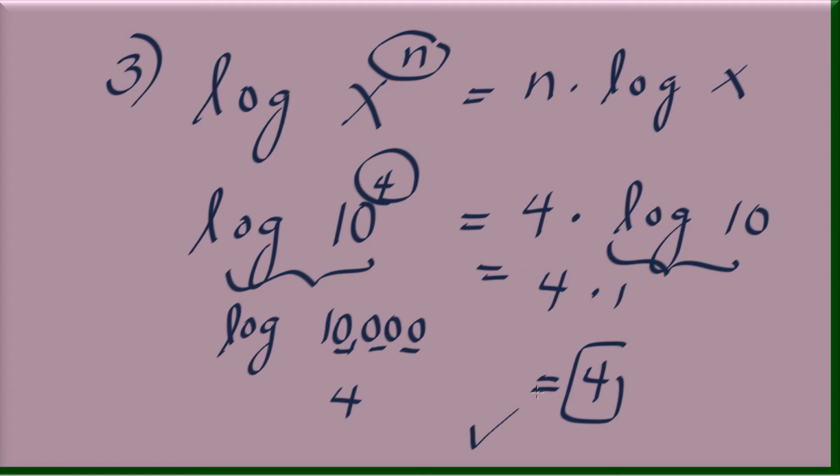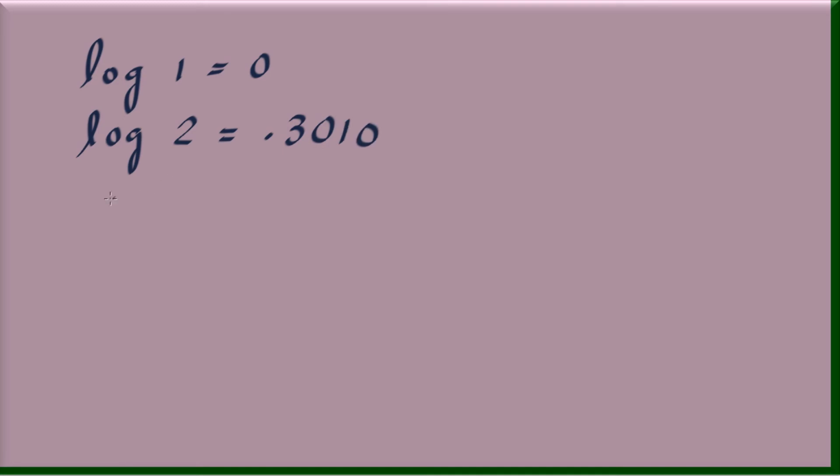Let's take a couple more examples here. Let's say we have log of 1. We know log of 1 is 0. By calculator or log table, I'm going to give it to you: log of 2 is 0.3010. Now log 3, also by calculator or by log table, is 0.4770.